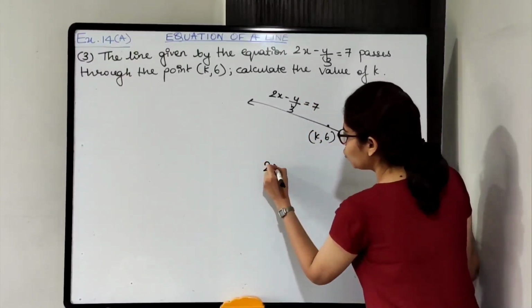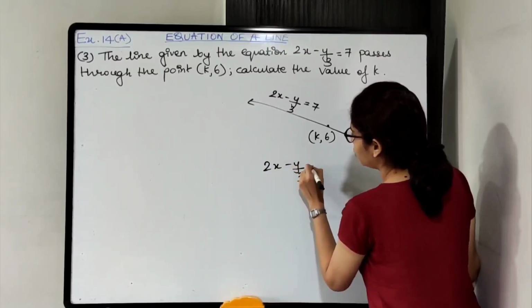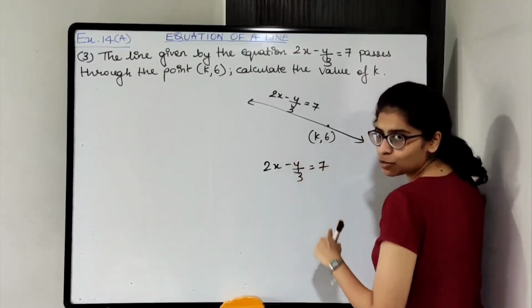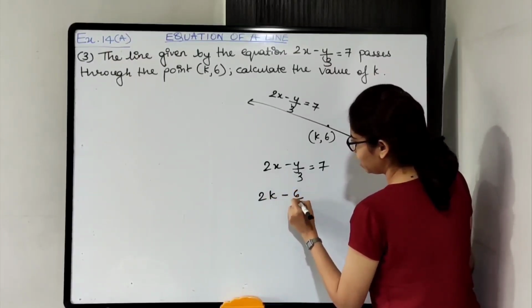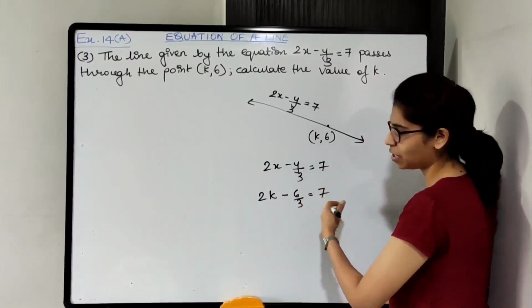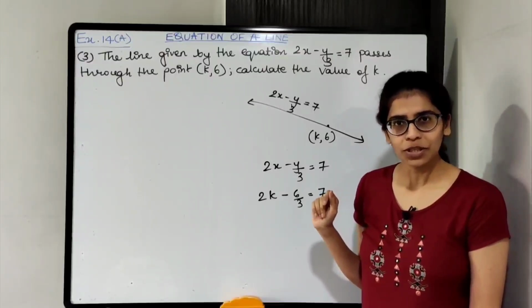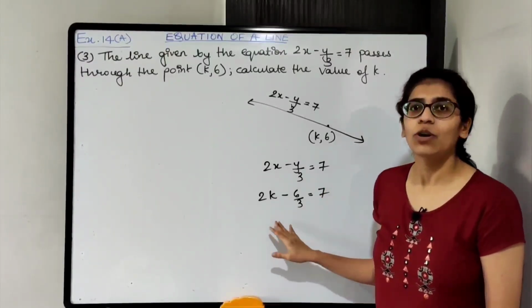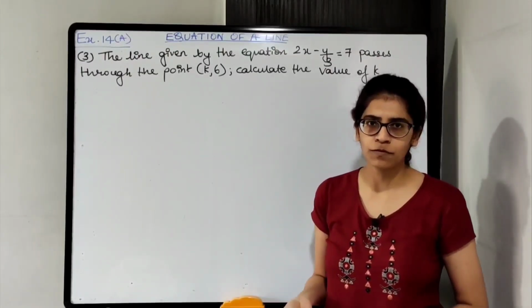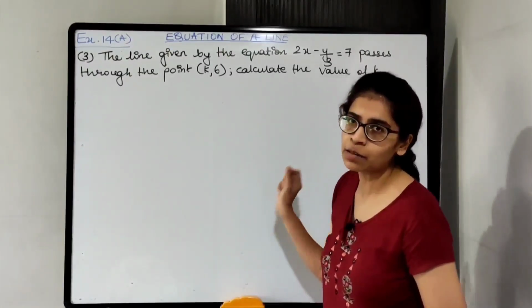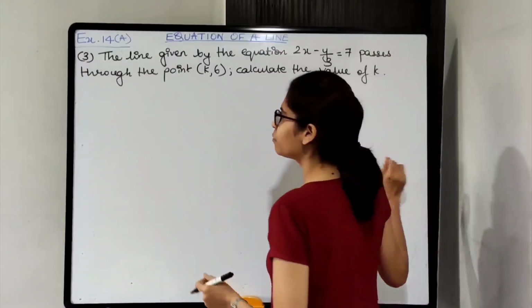So the equation is 2x minus y by 3 equal to 7. Just put the values of x and y coordinates. So 2k minus 6 by 3 is equal to 7. You just have to solve this. So let's solve and see what is the value of k. We'll always start with the given information first. So we are given that the line passes through the point. So write the statement first.